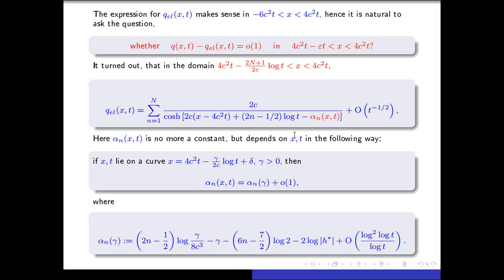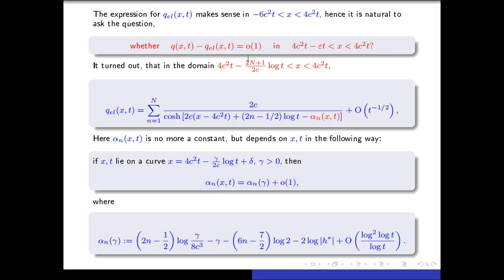Let us imagine that these phases α_n(x/t) and α̃_n, which we saw before, also coincide. This would indicate that the elliptic asymptotic is also valid in this logarithmic domain up to the error term of t^(-1/2) or t^(-1/2+σ).